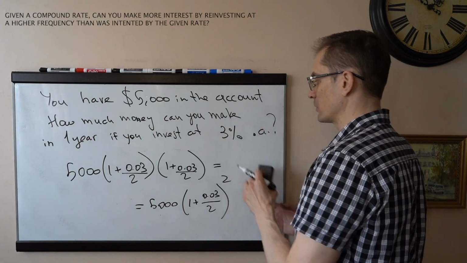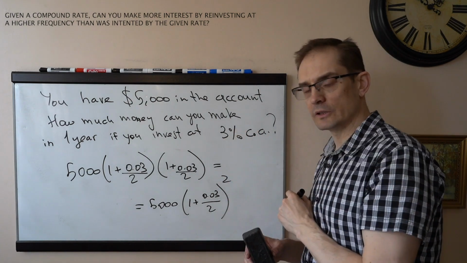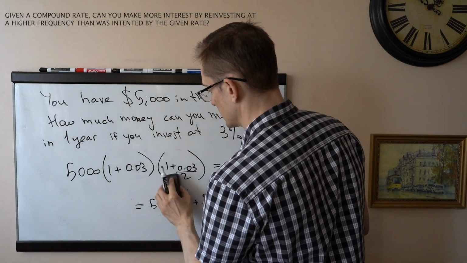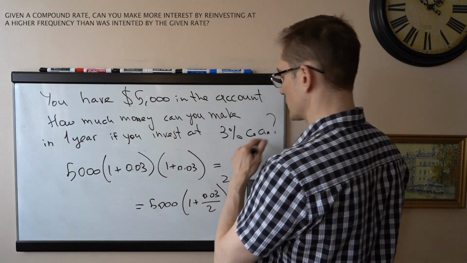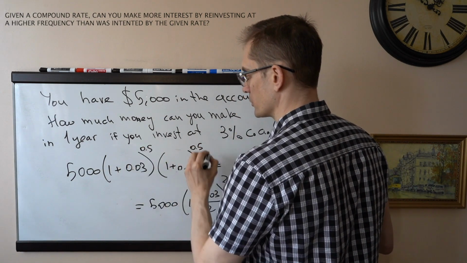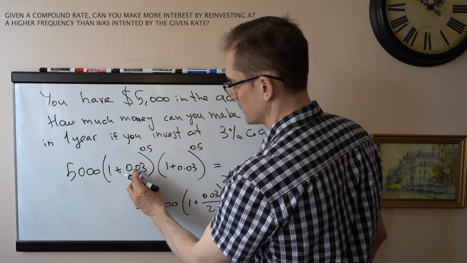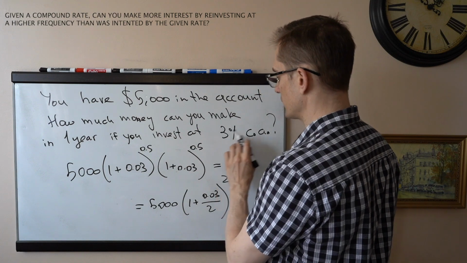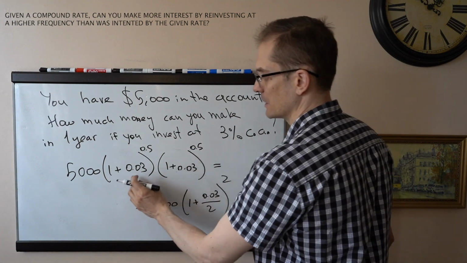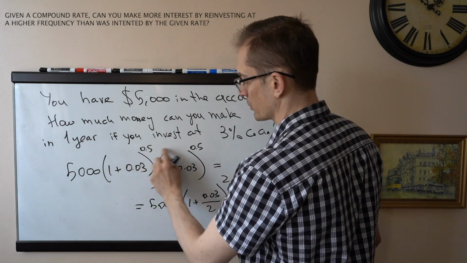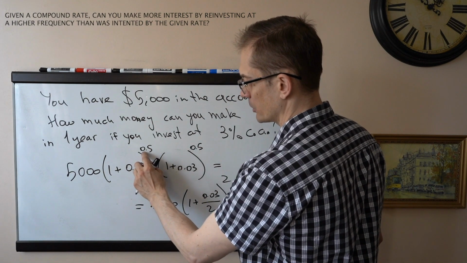But as long as the bank gives you compound interest, that will not be possible, because they will be using the compound interest formula, which calls for i here, 3% compounded annually, right? So the nominal rate when it's compounded annually is the same as the periodic rate, and exponents reflect the time when you reinvest.